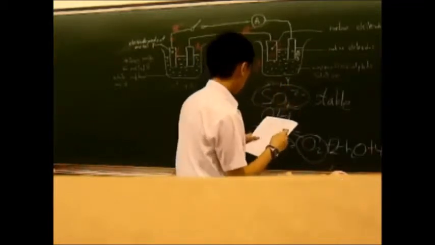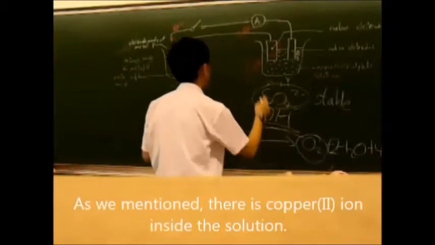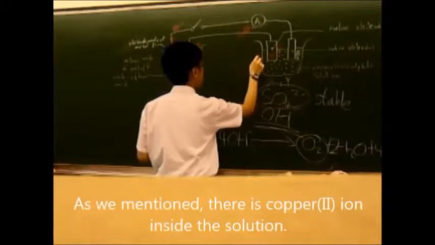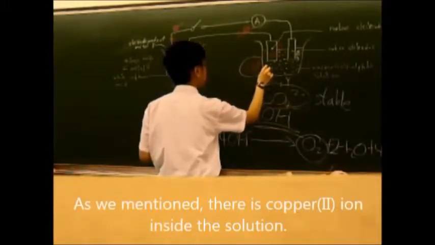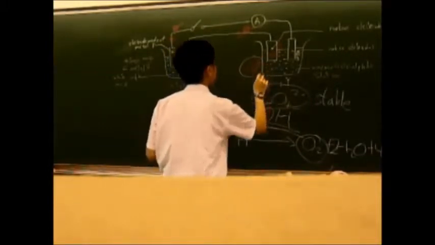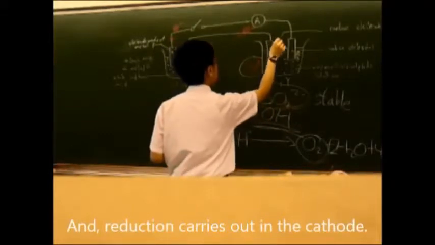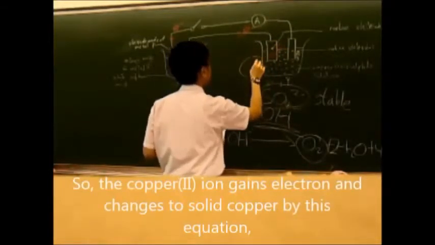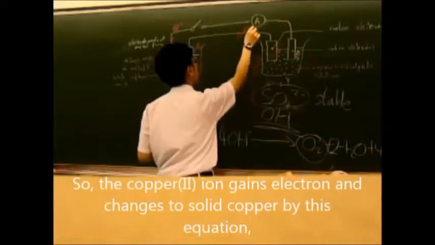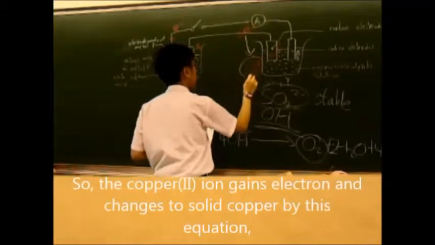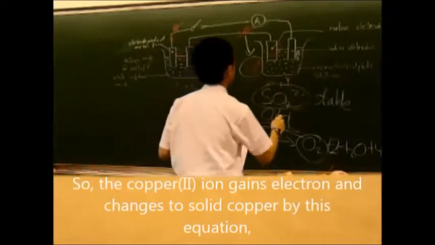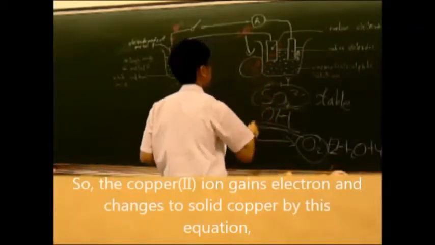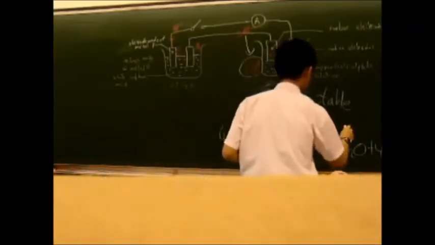Why would it happen? As we mentioned, there is copper 2 sulfate inside the solution, and reduction is carried out at the cathode. So, the copper 2 ion gains electrons and changes to solid copper by this equation.